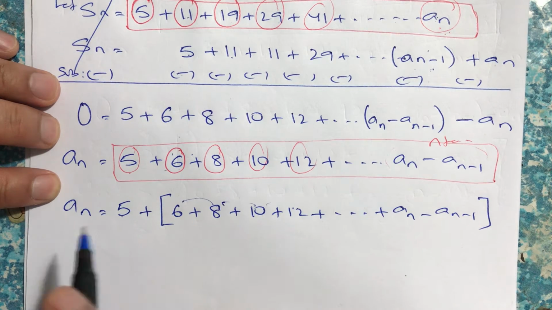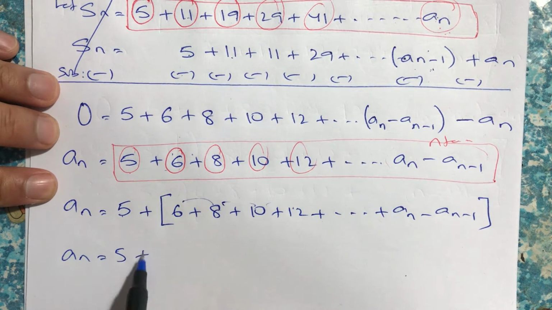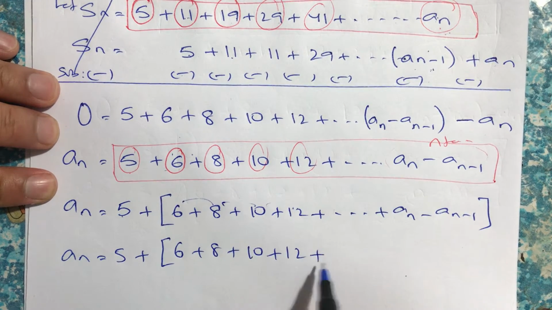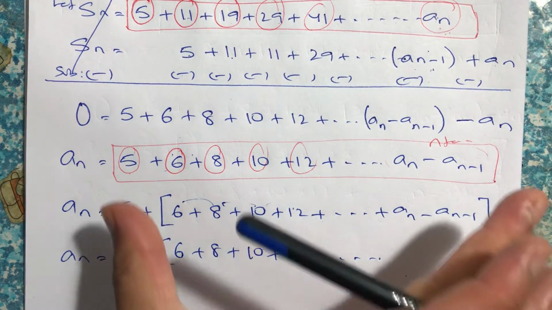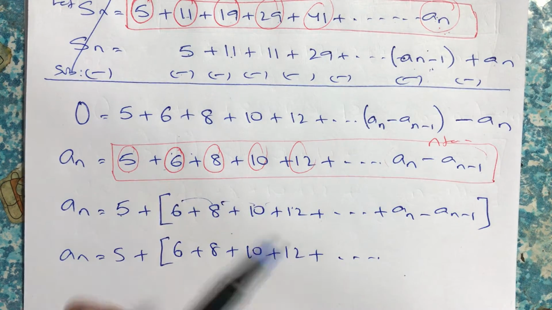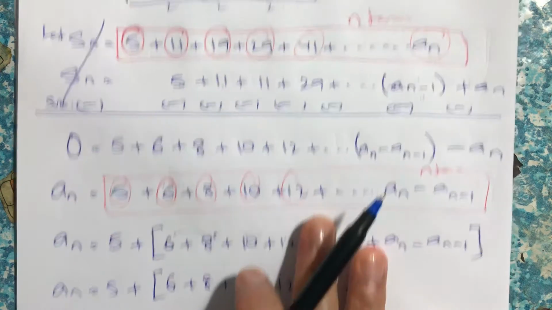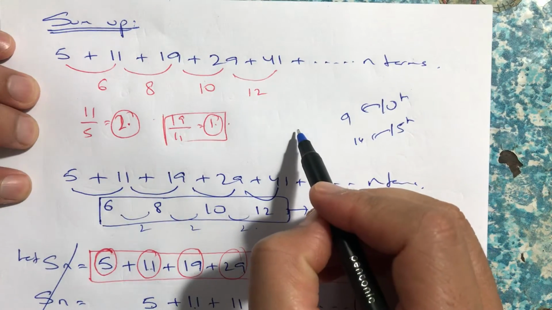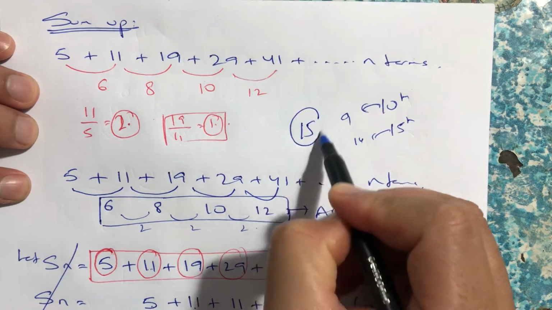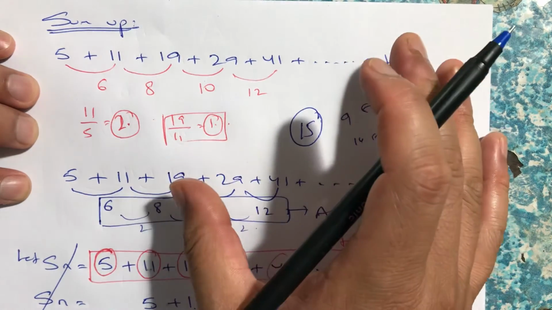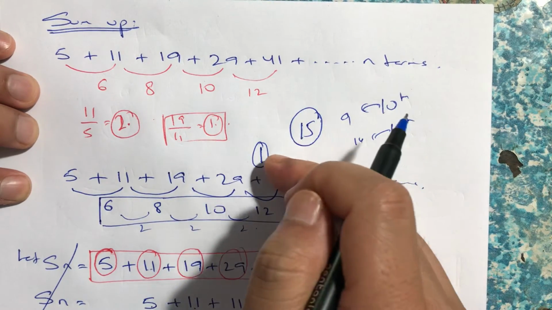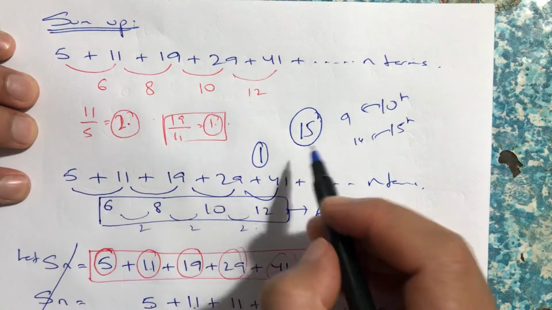So when I exclude the 5, what can I write? I have 6 plus 8 plus 10 plus 12 plus over here. Now the total, we had n terms. So from n terms, if I do not include 5, it means we are not including one term. For example, let's say I have a total of 15 terms, but now if I say let's not include one term, if I take the one out, then how many terms will I have?